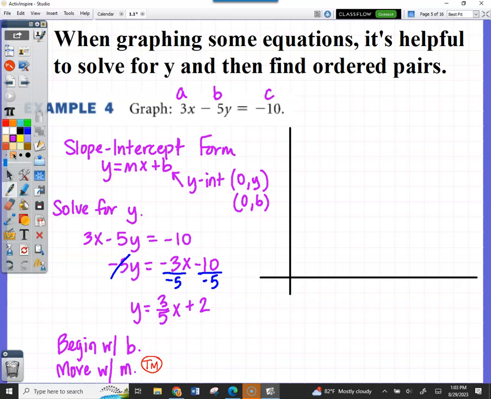Slope is not a point. Slope is a direction to the next point, which means you got to have that first point plotted before you can move, right? So, hence the reason I said begin with B. B is 2. M is 3/5.